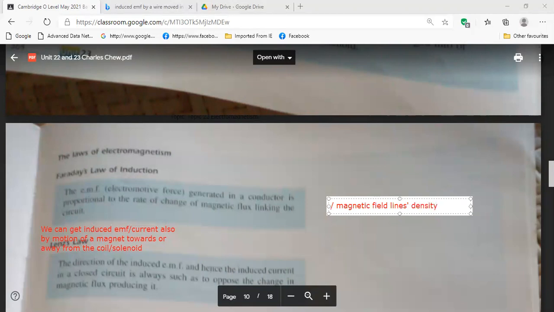So is it clear? Yes, sir. That means rate of change of magnetic flux means magnetic field lines density. So the magnetic field lines cut by the wire, if the number of field lines cut is more, then we will have more EMF. Is it clear?